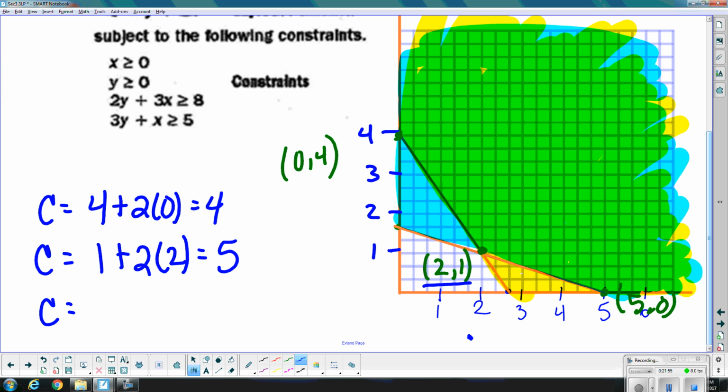And then c equals y plus 2x, using 5, 0, which is 0 plus 2 times 5, which equals 10.